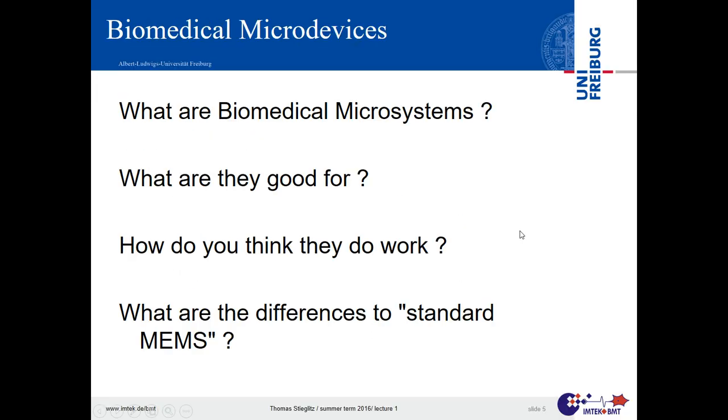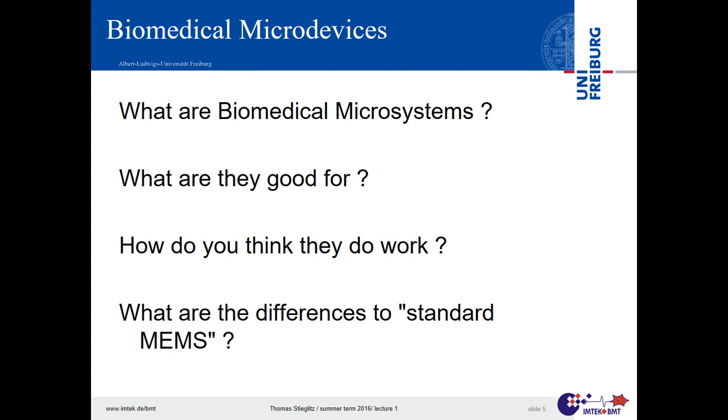All right. So now, since you have a very broad background from different disciplines, I think it would be nice if we could share a little bit about our opinions. So we can look from the humanities side, so more literature sciences, at the word biomedical microsystems.